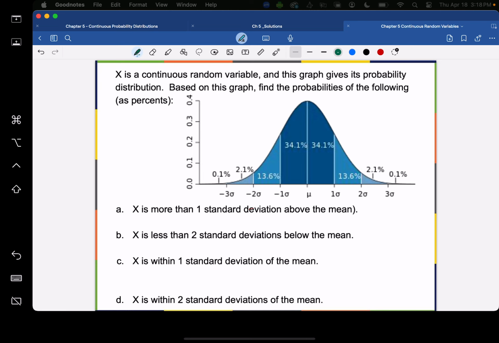Okay. Based on this graph, find the probabilities of the following as percents. What is the probability that x is more than one standard deviation above the mean? So what is the probability that x is over here somewhere?